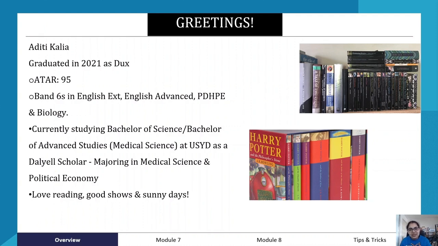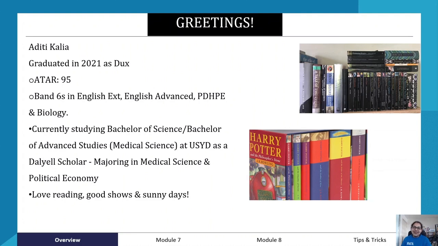So a bit about myself. My name is Aditi and I graduated in 2021 as Dux with an ATAR of 95, and the subjects that I've done are English Advanced, Extension, PDHPE and Biology. I've also done Maths 3 unit, Advanced and Extension, and then Chemistry. But I always like to say we don't talk about Maths 3 unit and Chemistry in here.